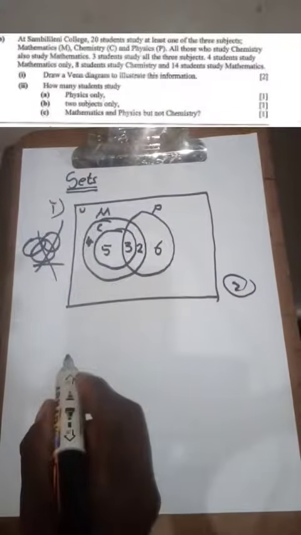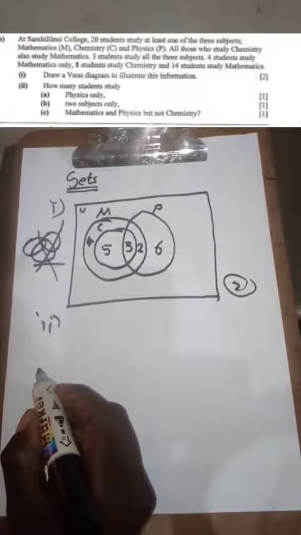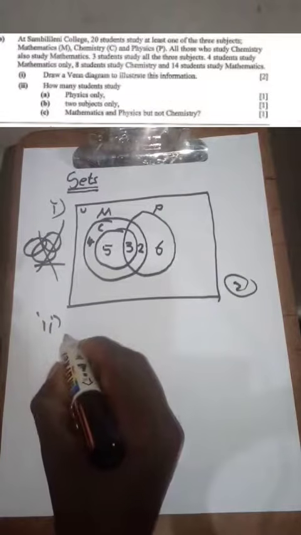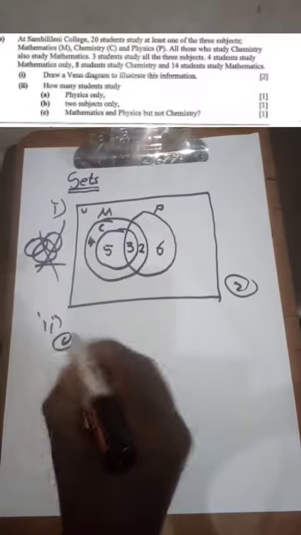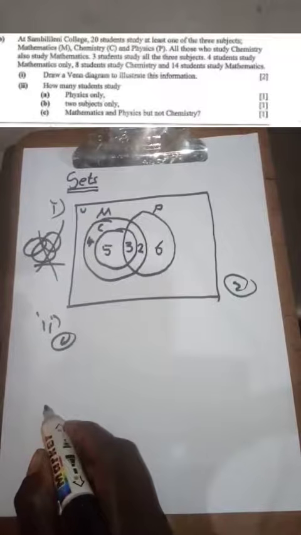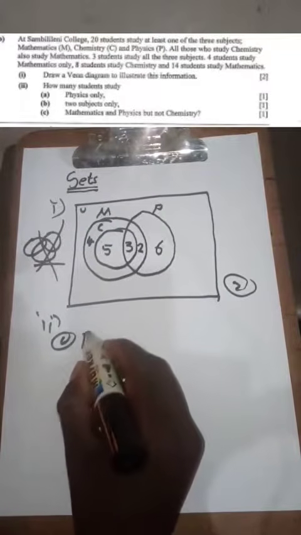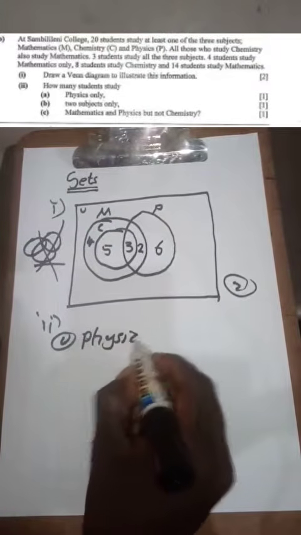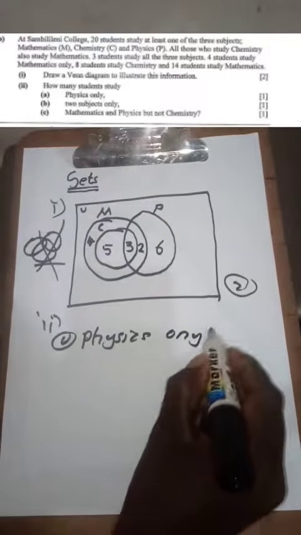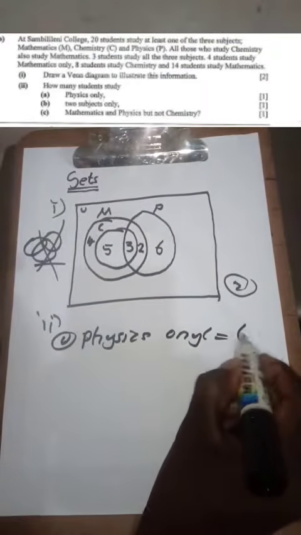Then, okay, this was the first question, meaning we are done with it. The first question was 2 marks. Nice. Okay, so the second part says, how many students study physics only? Physics only is equal to 6 students.